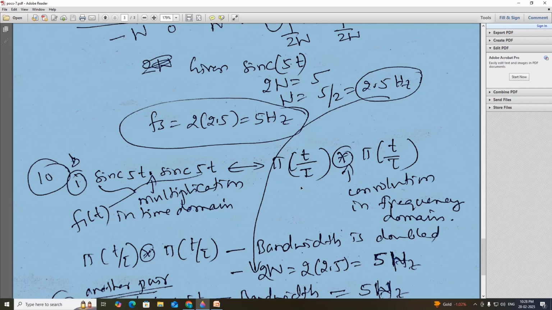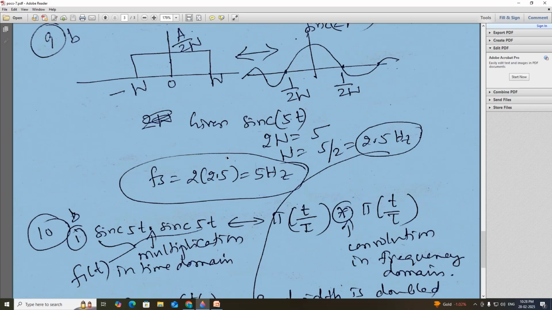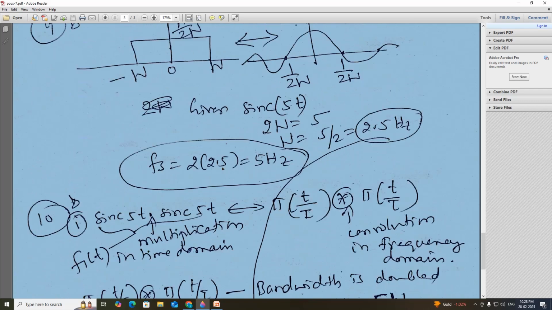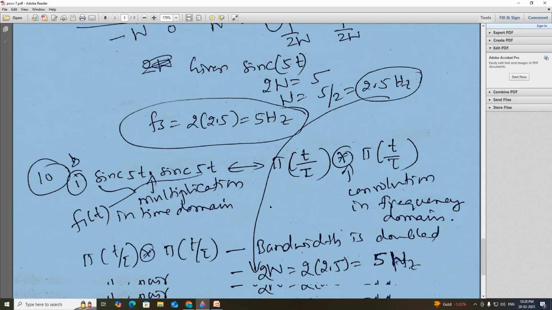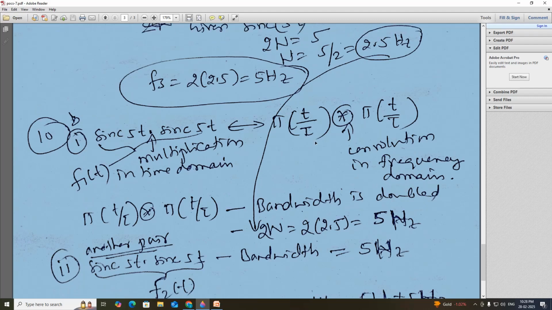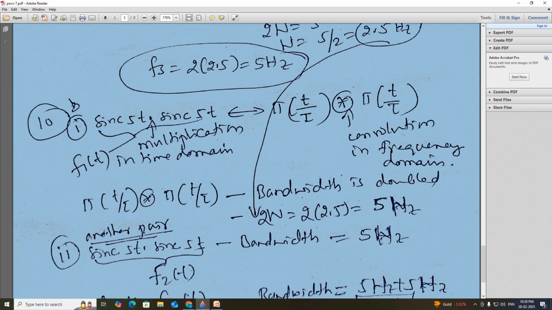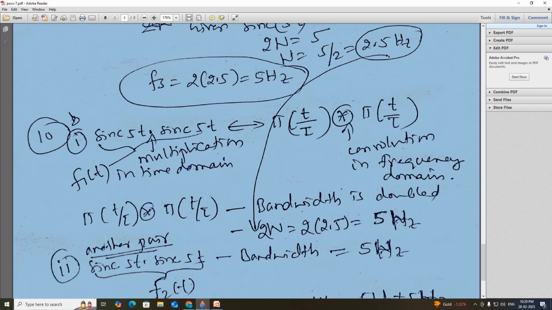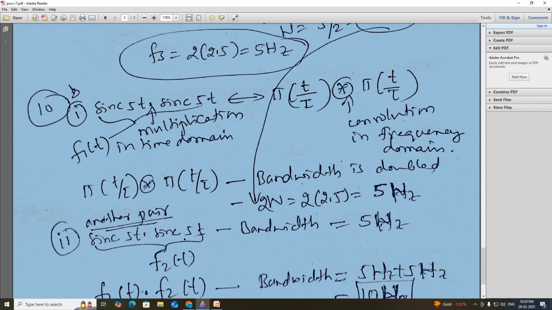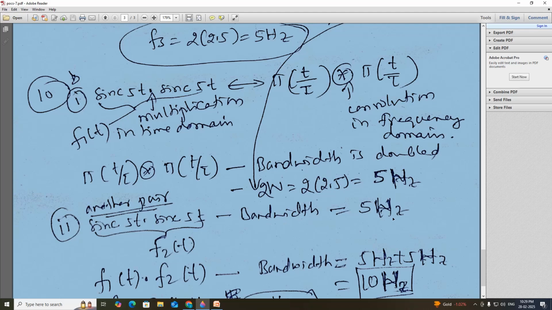This is actually a rectangular pulse which we have shown, having W, the same W as considered here, which is 2.5. What will happen with convolution is the bandwidth is doubled. So 2W, where W is 2.5, is 5 hertz. Similarly for the other pair, you will get a bandwidth of 5 hertz.